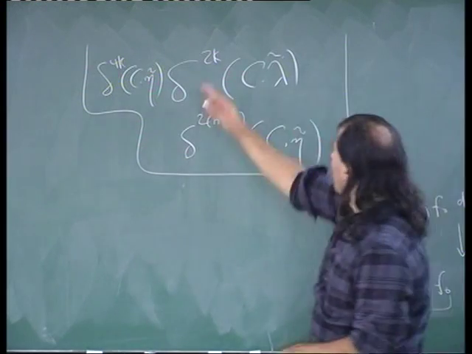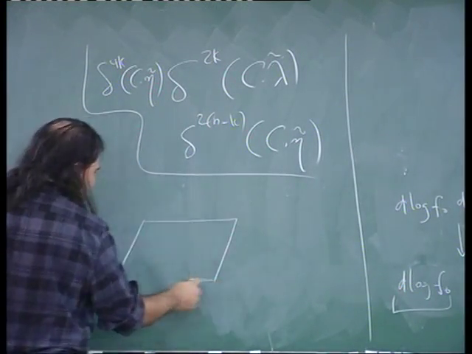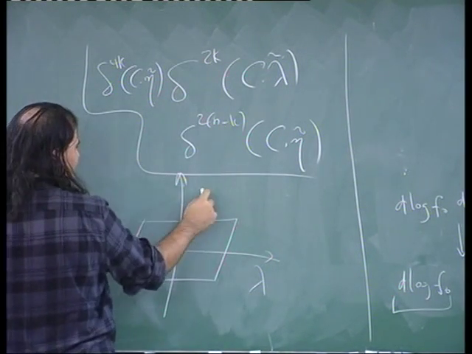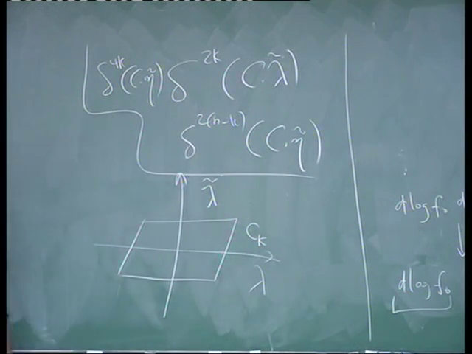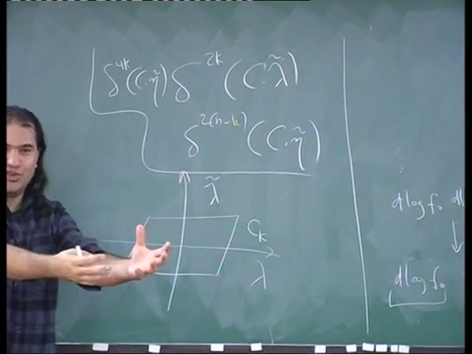Okay? But what is this thing telling you geometrically? This thing is telling you geometrically that the k-plane C contains lambda and is orthogonal to lambda tilde. Okay? So it's really the requirement that the k-plane that you built from this amalgamation procedure contains lambda and is orthogonal to lambda tilde that converts all the structure to finally some function of the external data.